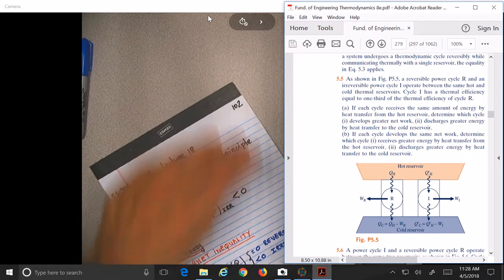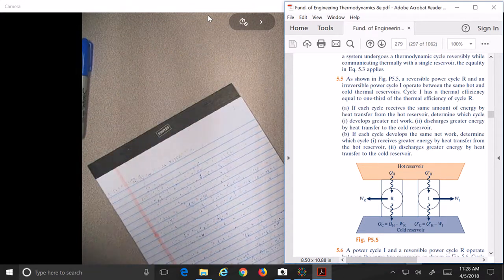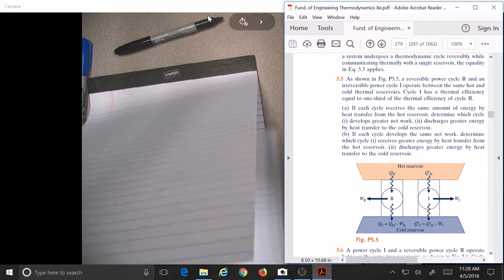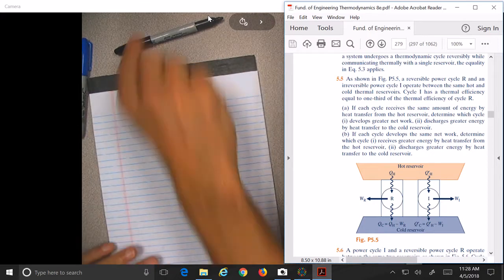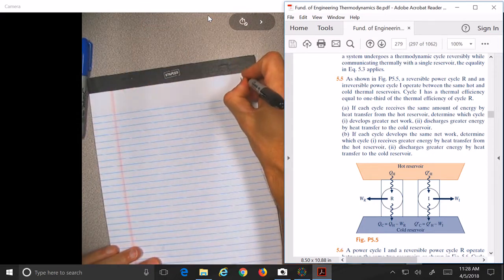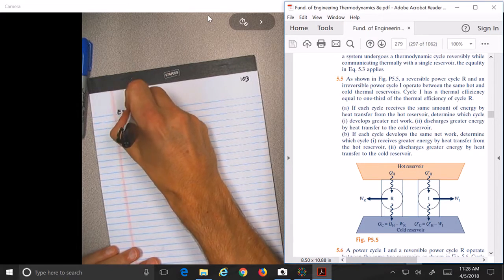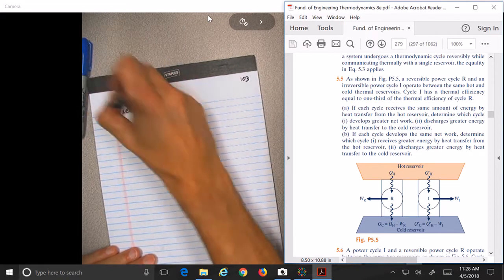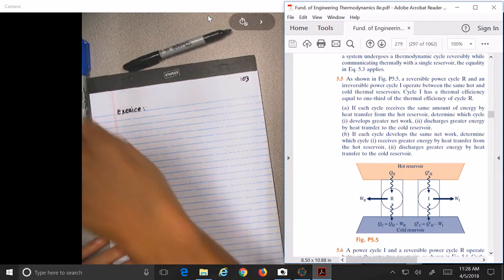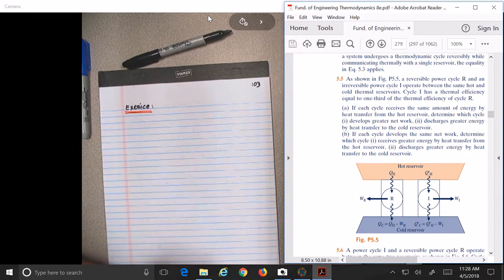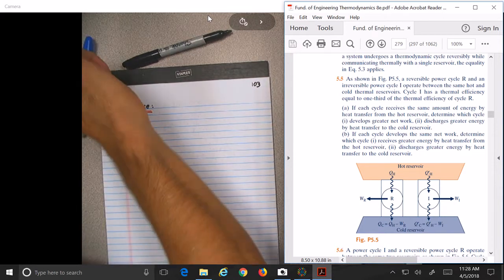Page 103. Exercise. It will be problem 5.5 in the textbook.